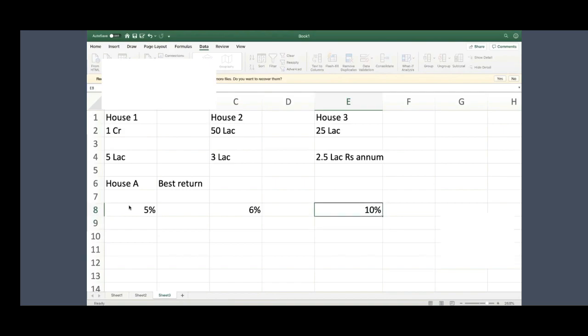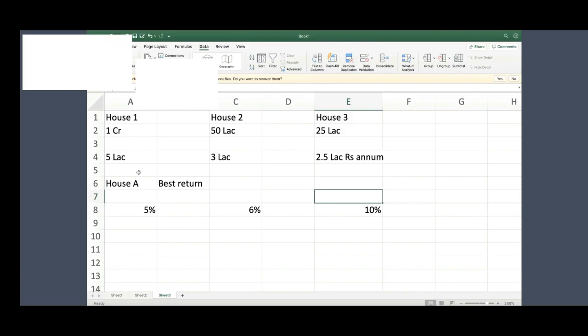Now, you can certainly see that the percentage of return is better in house 3. So, standalone, earning per house is not making any sense in terms of taking any kind of decision.